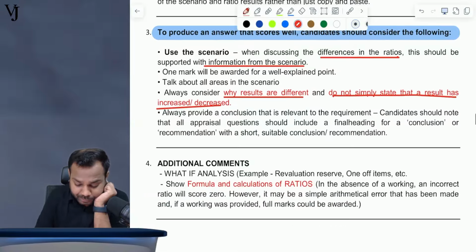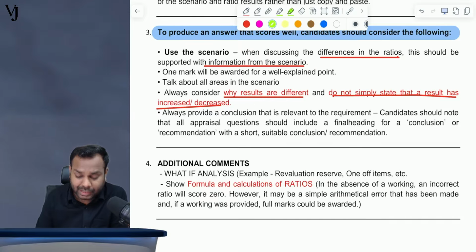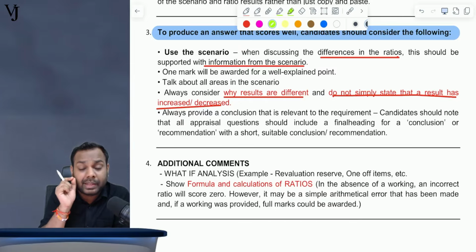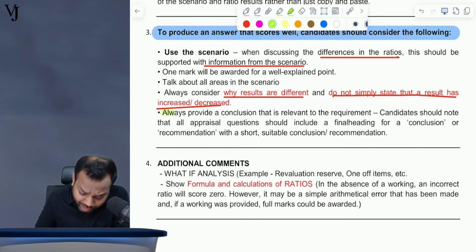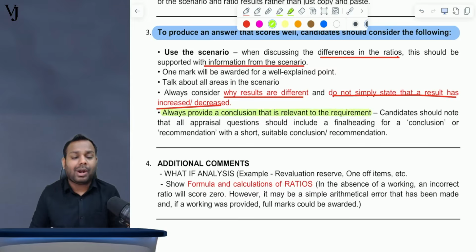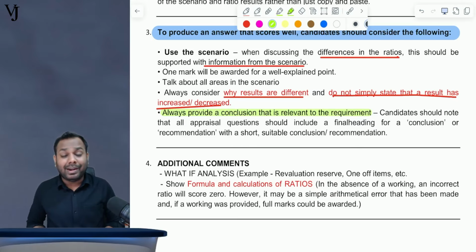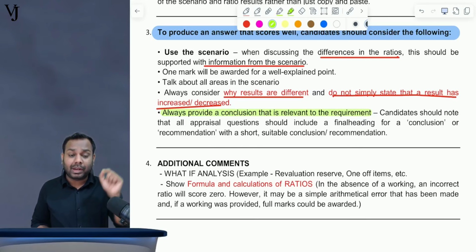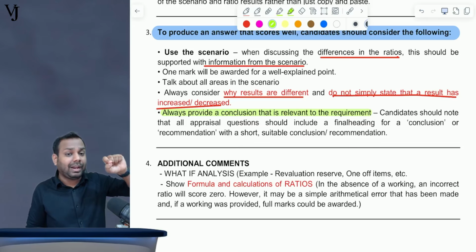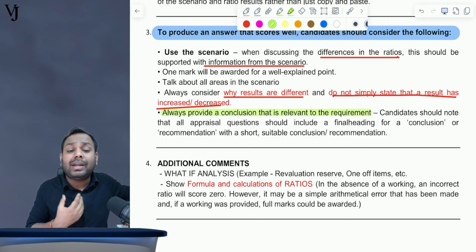Further, in the answers of interpretation, there is one more comment from the examining team. Students, don't forget to write a conclusion. The third, important comment is always provide a conclusion that is relevant to the requirement. Whenever you are reading the question of interpretation, in the very first instance itself, they will identify an issue statement.